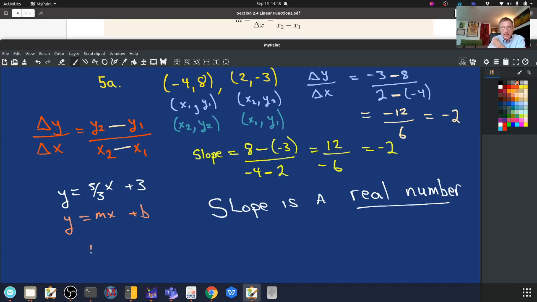I get the following answer. The slope m is equal to 5/3 x. This is wrong. There is no x. When I put x there, it becomes a variable term, and it's not a real number. Whatever value it is depends upon the value of x. The slope is only 5/3.